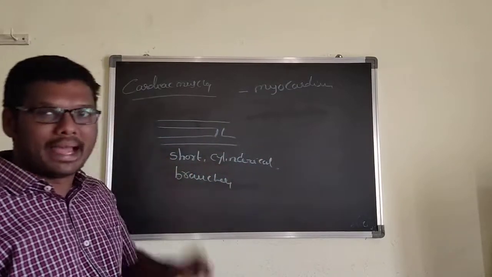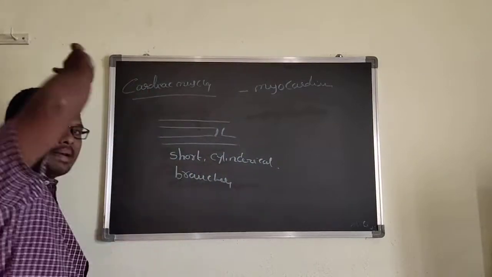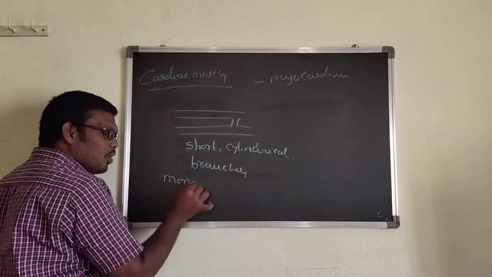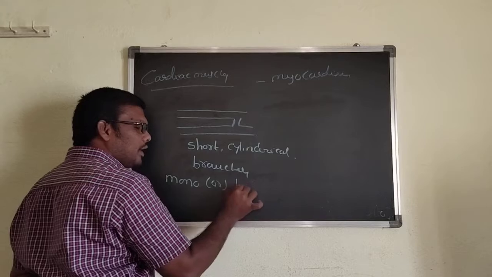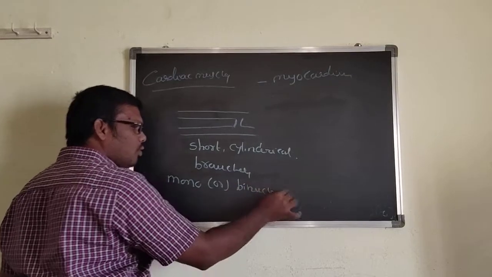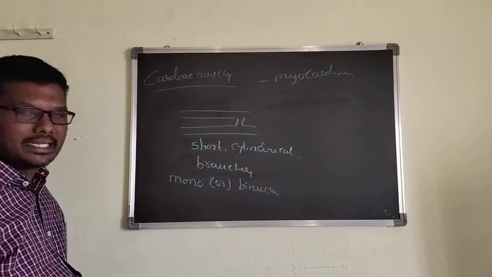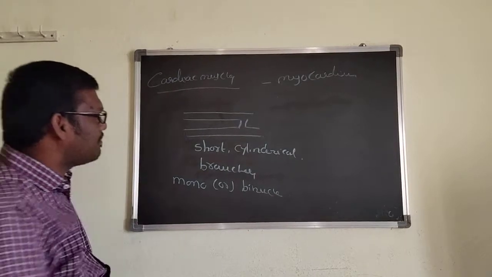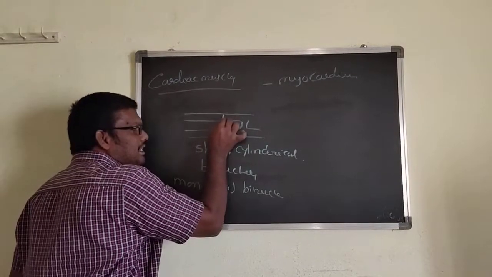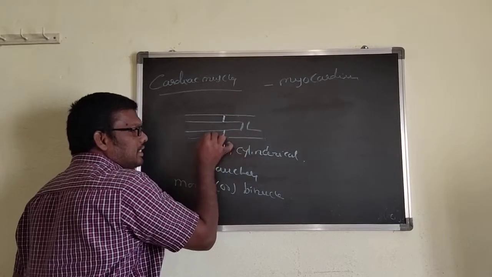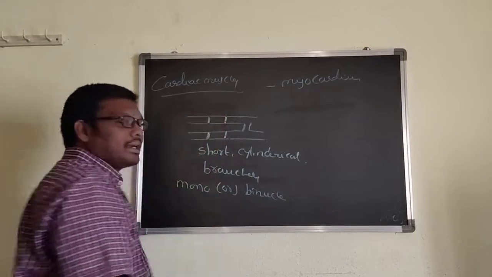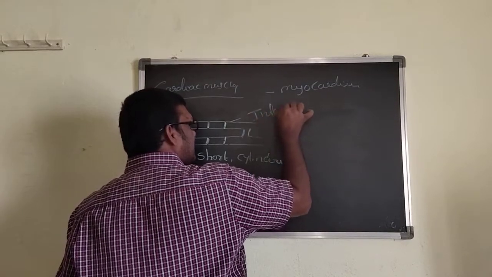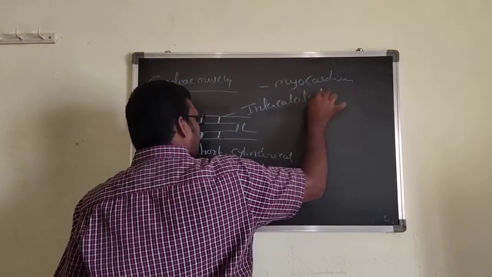This is the branched one. There, skeletal muscle is multinucleated. Cardiac muscle is in a mono or binucleated condition. A very important characteristic of cardiac muscle is that it has dark colored bands, which indicate the intercalated discs.